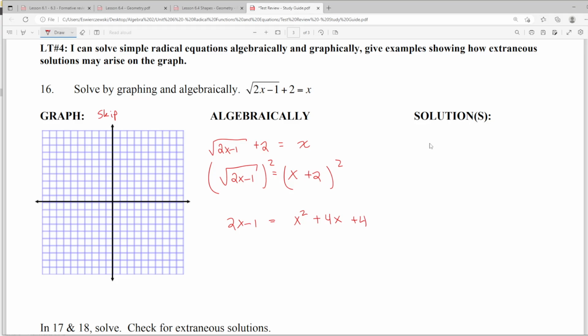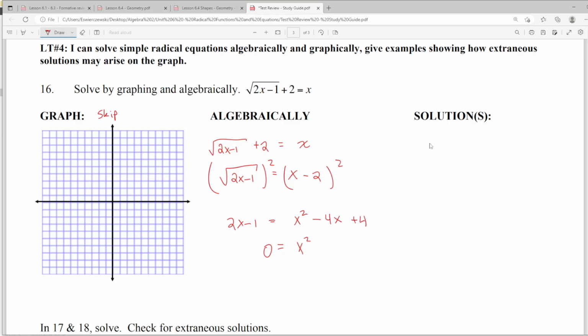And then I'm going to pull everything to one side, so this would be x squared plus 2x plus 5. Did I make a mistake here? Yes, I did. This should be minus. Gosh darn it.